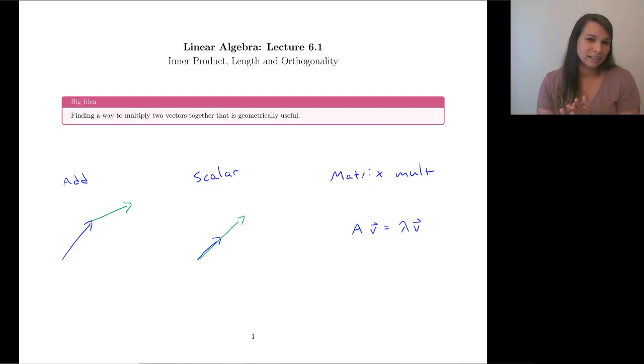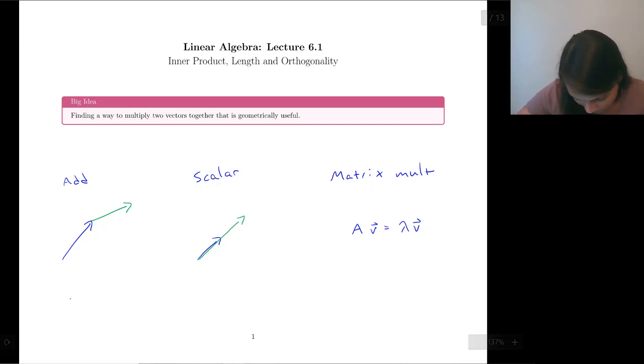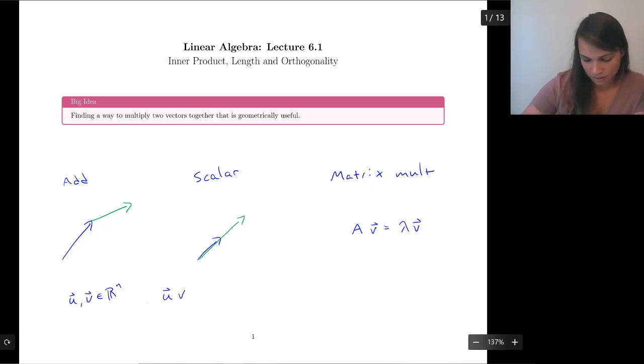Not really, technically, ish. Because dimension-wise, we're going to do U and V both in Rn. That means if we try and multiply U and V, we're going to have an n by 1 and an n by 1.